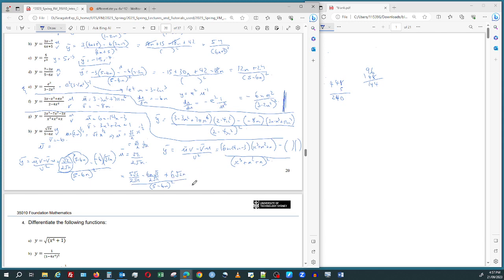I think we're fine there. I suppose one way we could think about this is stretch this out a bit further. I could rationalise this top denominator, but you know what? I'm going to leave it like that.